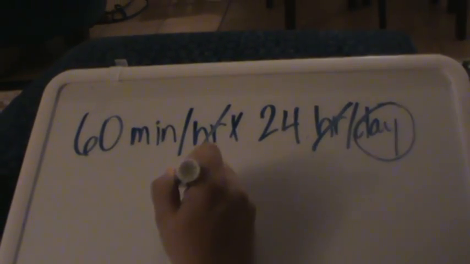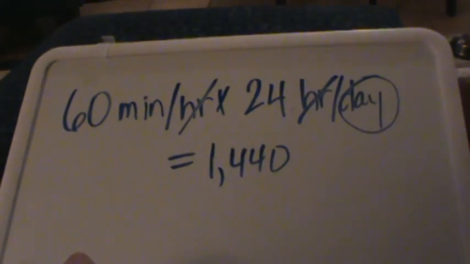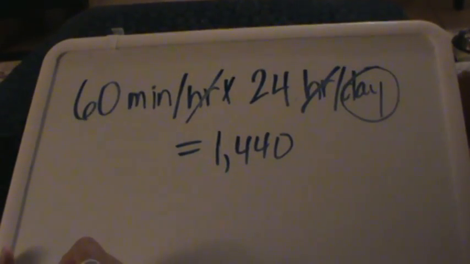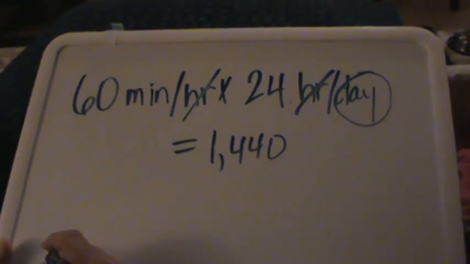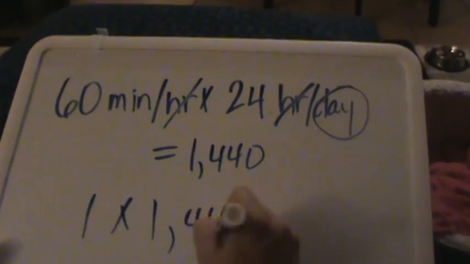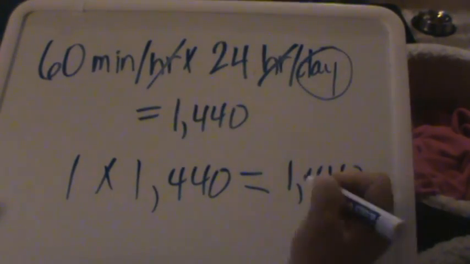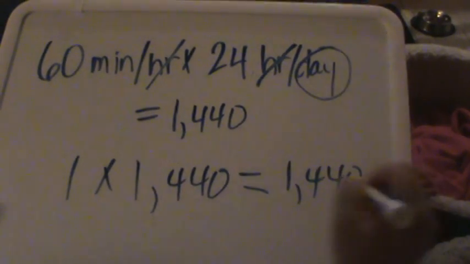So 60 times 24, if we do the math, that equals 1,440. So if the question is 1 gallon per minute is how many gallons per day, well, we know that 1 times 1,440 is equal to 1,440 gallons in a day.